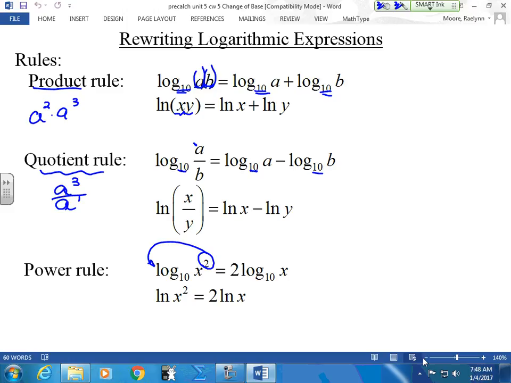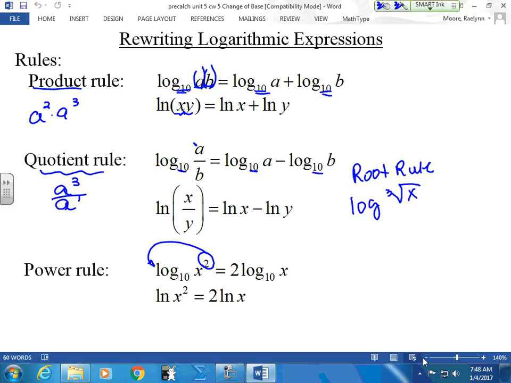Good? And we have one more. It's called a root rule. So if I took the log of the cube root of x, the first thing I want to do is get all my roots, my square roots, my cube roots, my fourth roots, whatever radicals are there, out of there.